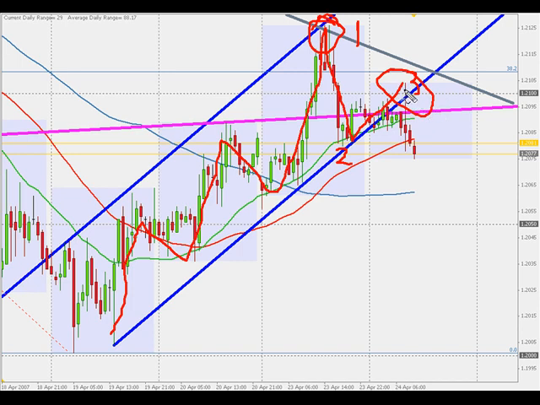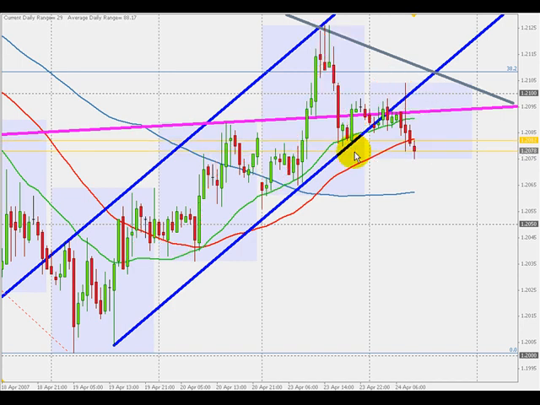I'm sorry, and then finally we are making new lows. This was our last low, and this was our last high. Now, as we broke the retracement channel, we made a lower high, and now we are breaking our last low for this currency pair.